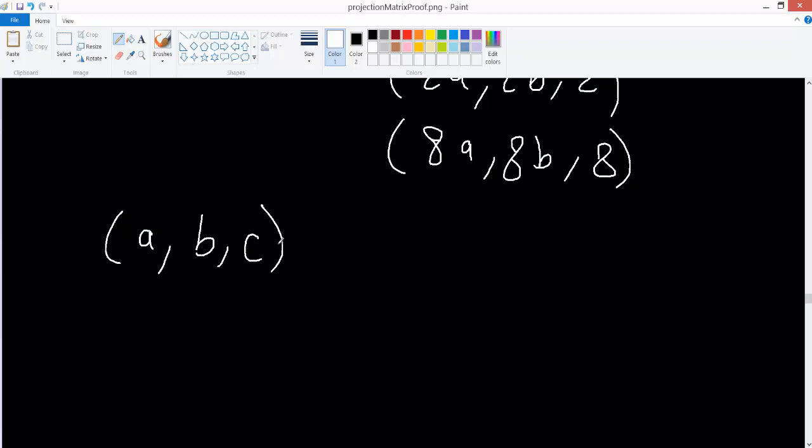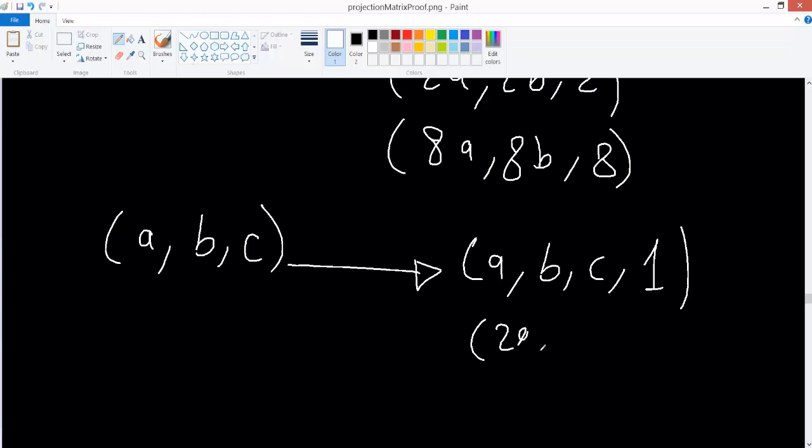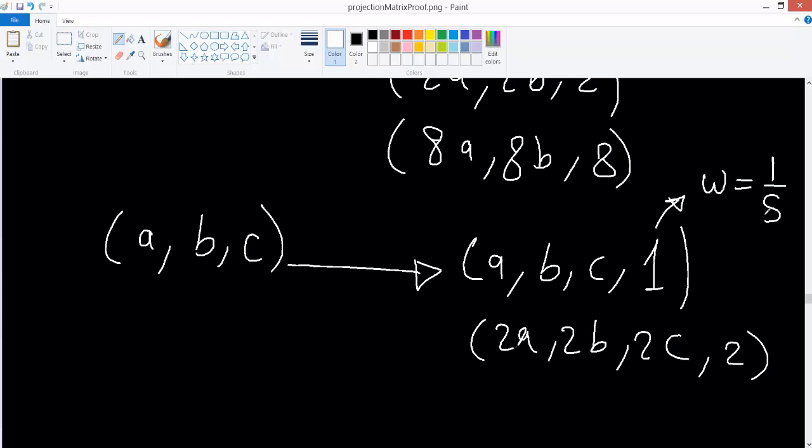If you want to map this point to the homogeneous space of 3D, we have something like A, B, C, 1. So this is valid. We can have 2A, 2B, 2C, 2, and so on. Again, this fourth parameter is called W, and it actually equals 1 over the scale of these components of the point or of the vector.